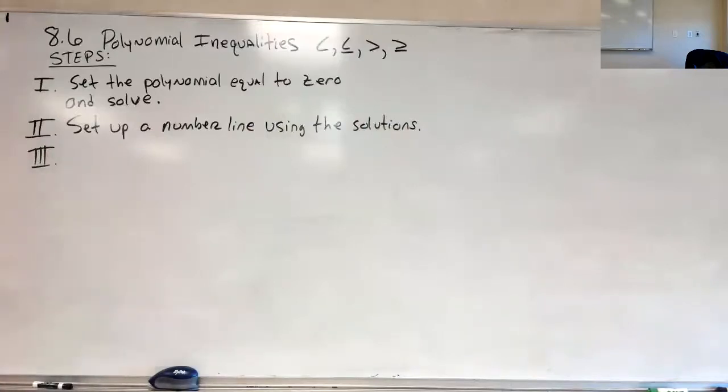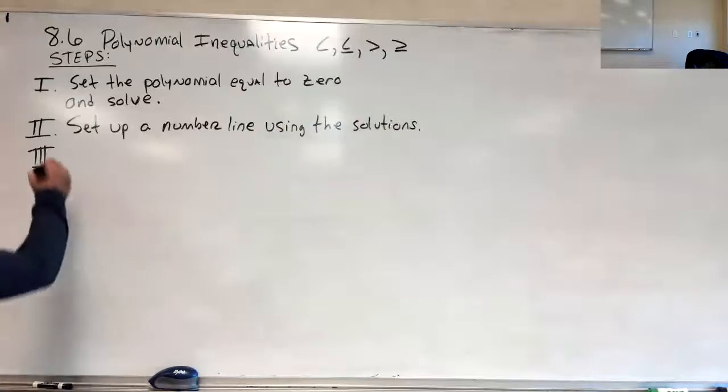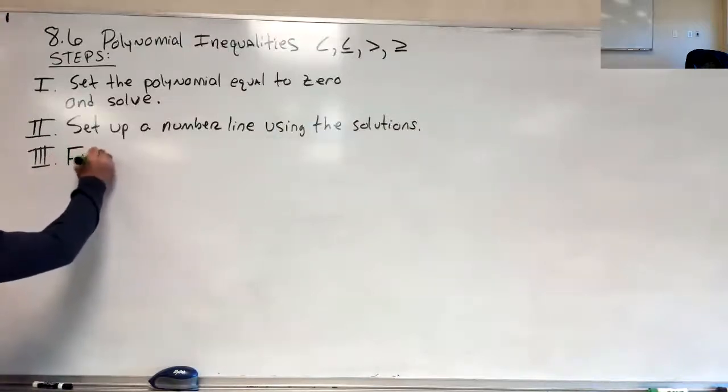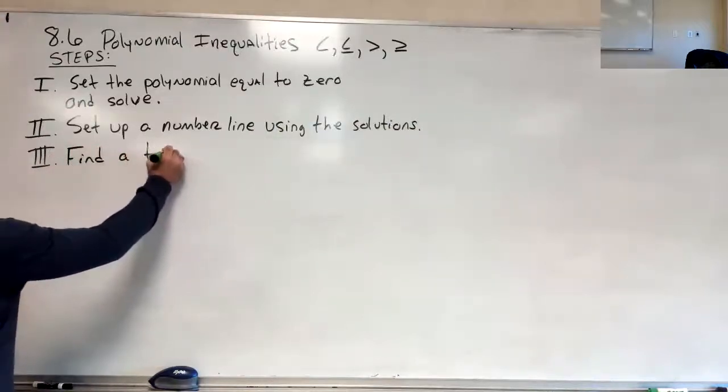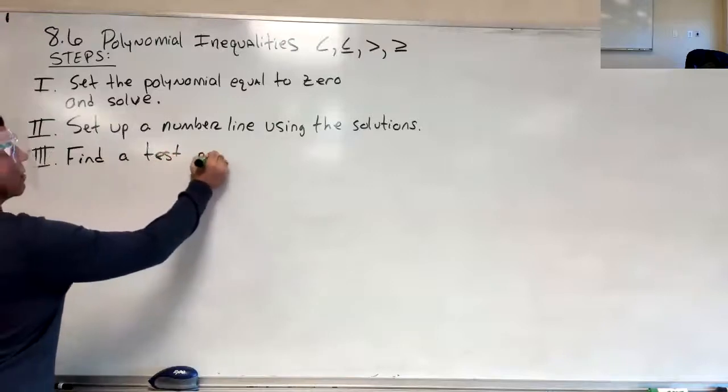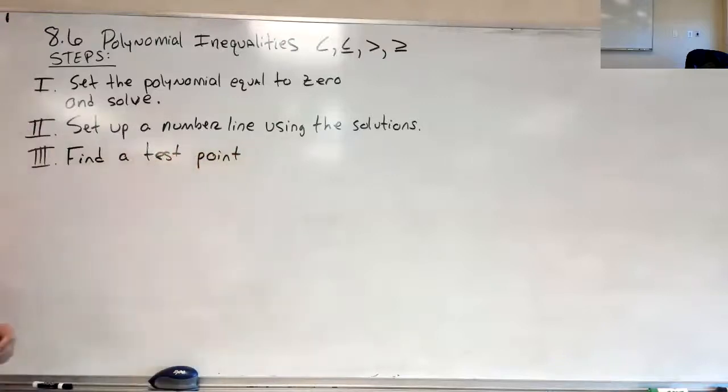All right, so I'm going to set up my number line using my solutions, and then I'm going to figure out a test point. I probably use 0 every time when I test a number because that's the easiest one to put in there.